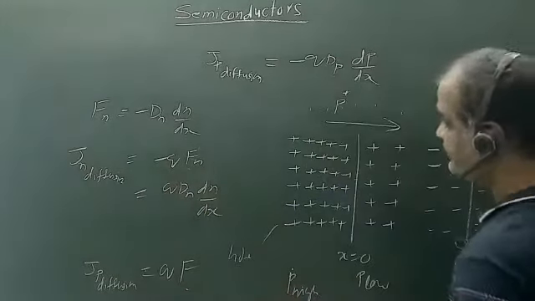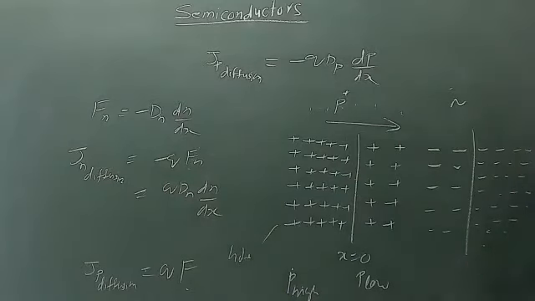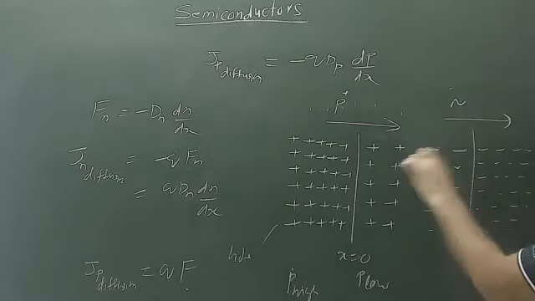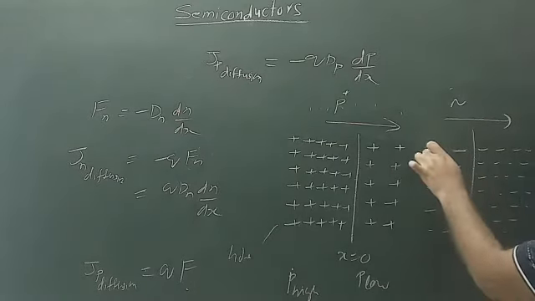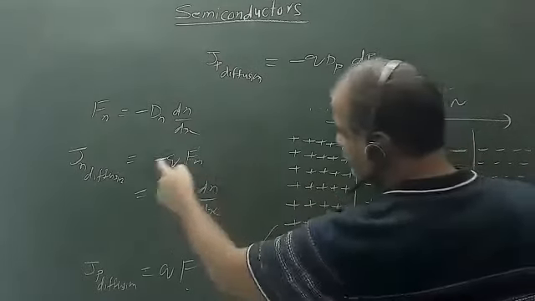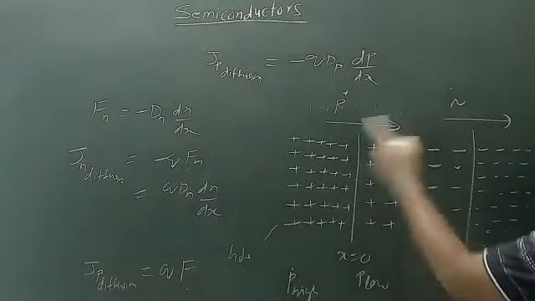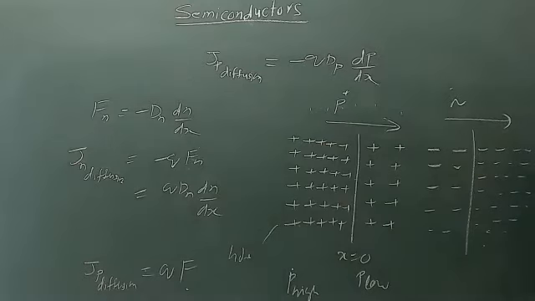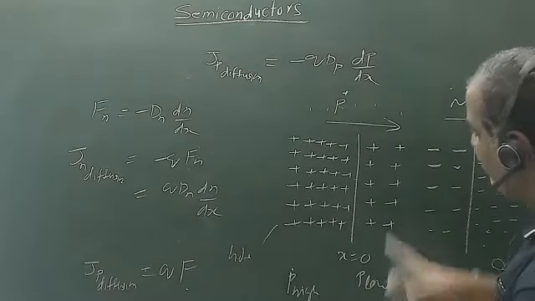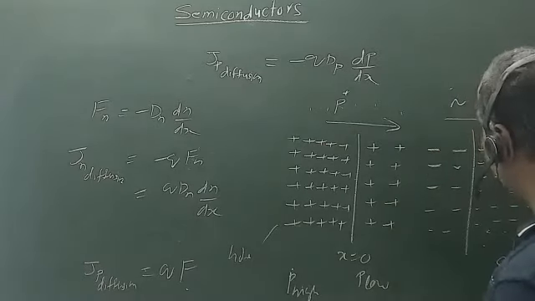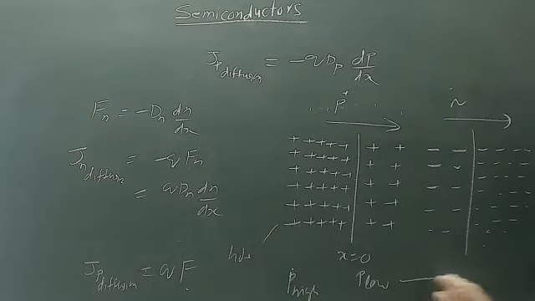Electrons are moving in one direction, but the current will be opposite to the flow, because the charge is negative.